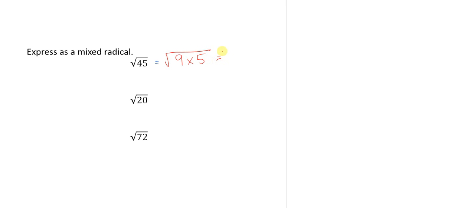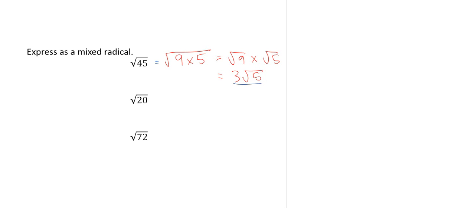And we know from what we've previously shown that if we're multiplying radicals, the square root of 9 times 5 is equal to the square root of 9 times the square root of 5. And it's quite clear that the square root of 9 is 3, so we get 3 times root 5. So now we've expressed the square root of 45 as a mixed radical, 3 root 5.